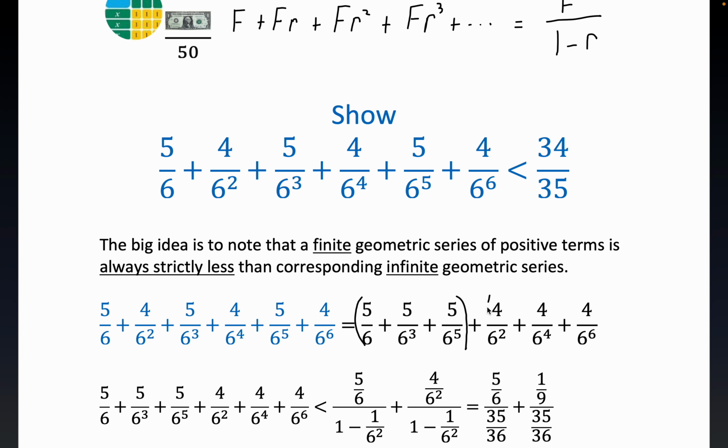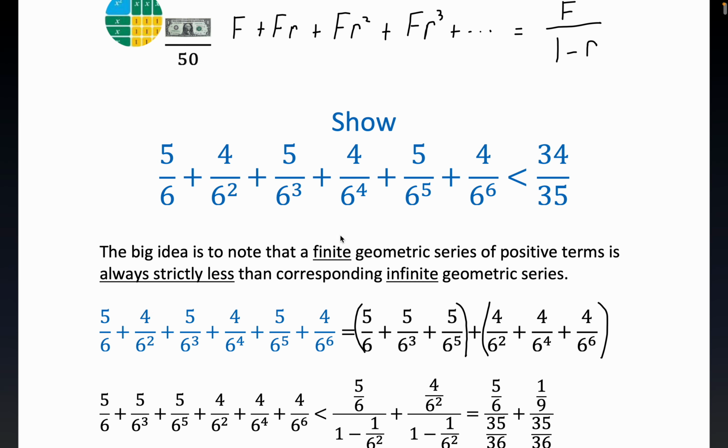So these are two finite geometric series. Notice that 5 over 6 would be the first term here, and 4 over 6 squared would be the first term for this one. I didn't quite leave it on the screen for you, but hopefully it's good enough.